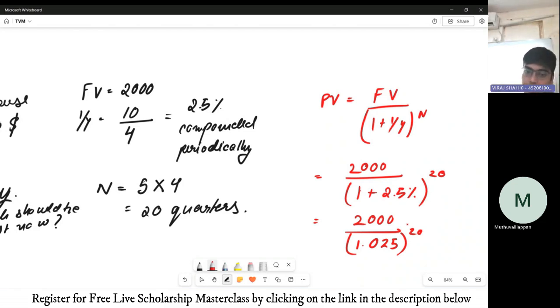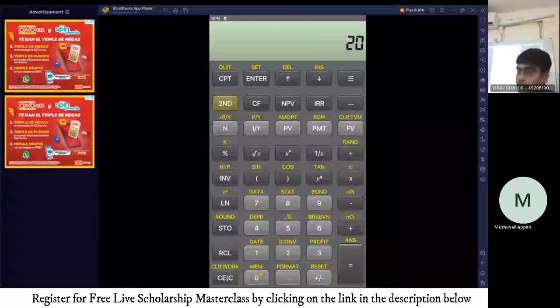How do we use the calculator to solve this now? Calculator में, as I mentioned, we will start जो भी bracket के अंदर है उससे. We will start first with the bracket. Okay. First see what I am doing. 1.025 raise it to the power 20.